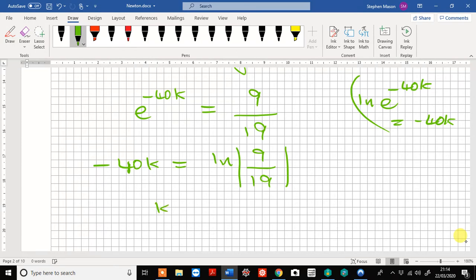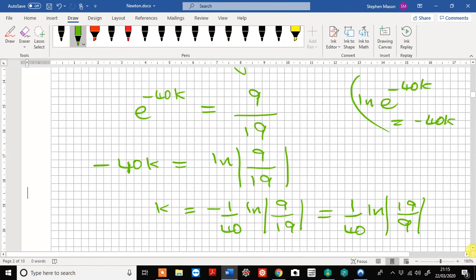And you can simplify that and you get minus 1 over 40 log 9 over 19, but that is exactly the same as 1 over 40 log 19 over 9.